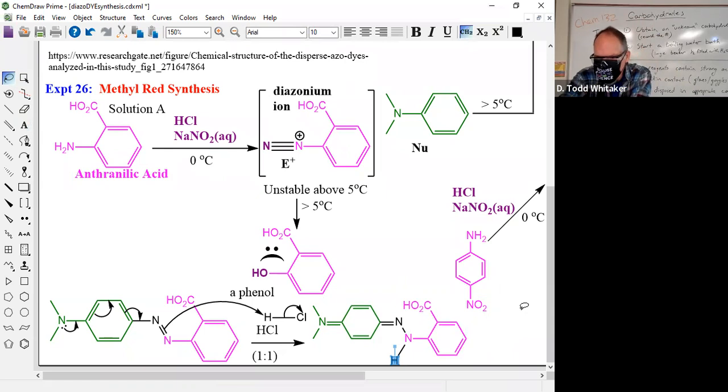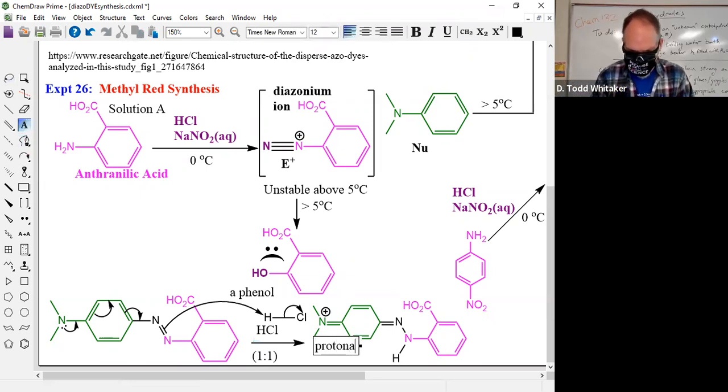I don't care about the spectator ion. This nitrogen has 4 bonds. It's the only nitrogen here with 4 bonds. That's the correct answer. You need that plus charge. This is the protonated form. I believe that color is yellow.